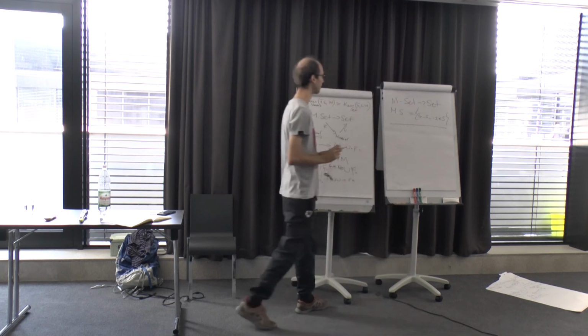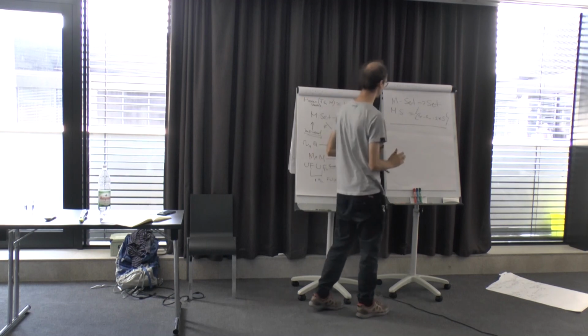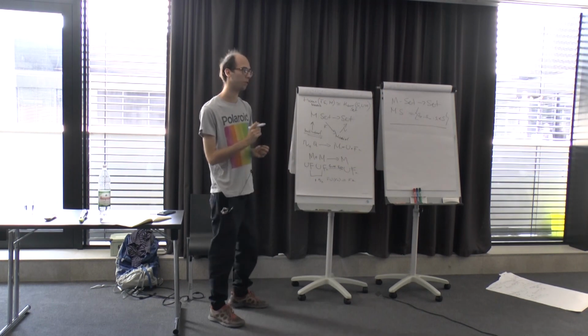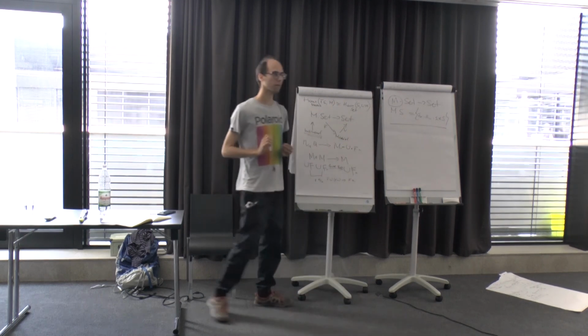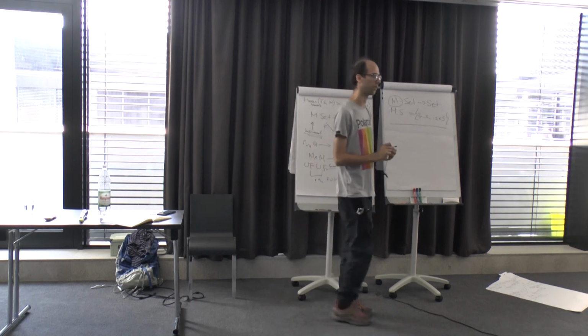But then there is an interesting story starting here, that you can recover the category of monoids from this monad M. And this is actually why mathematicians get really interested in monads.